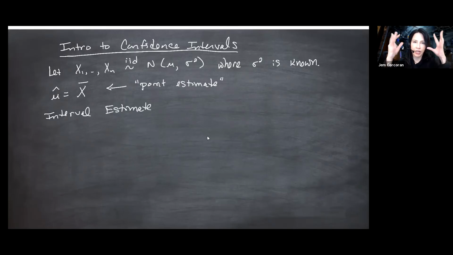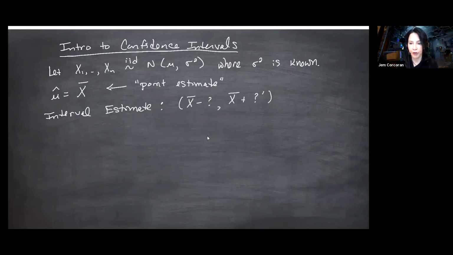which is going to be, we're going to take our estimate and put a little error on both sides in some way. So it's going to be like x bar minus something and x bar plus something prime. I'll make that prime because I don't mean for those to be the same, although they might be.